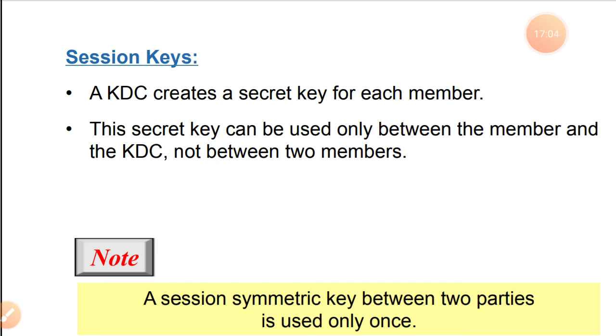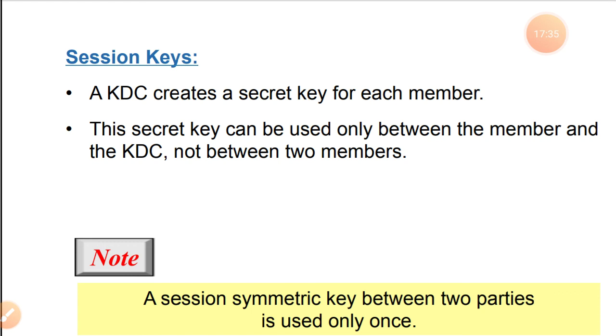Who is creating the session key here? The KDC is creating the session keys among the people, and this key can be used between them. I told you the secret key is different and the session key is different. A member communicating with the center uses the secret key, but for communication between person and person, we need session keys only.